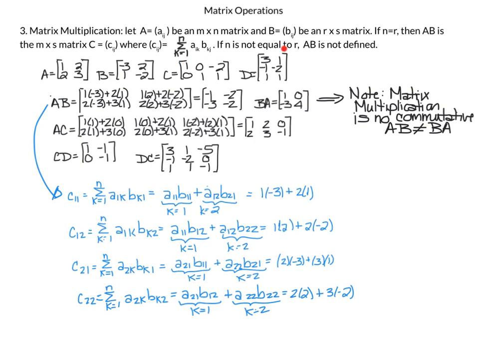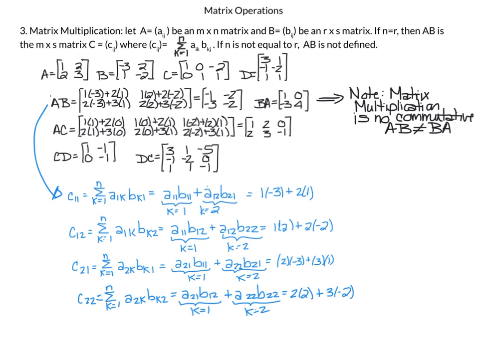So 1 times 1 is 1, plus 0, minus 2 is minus 1. Then for the second row, first column, 0, negative 1 plus 1 is 0. Second row, second column, that's multiplying the second row, second column. 0, 2 plus 1 is, oops, that should be a negative, is negative 1.